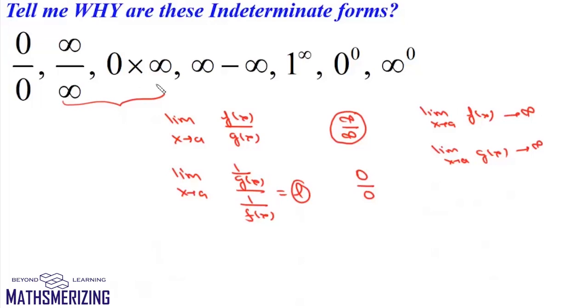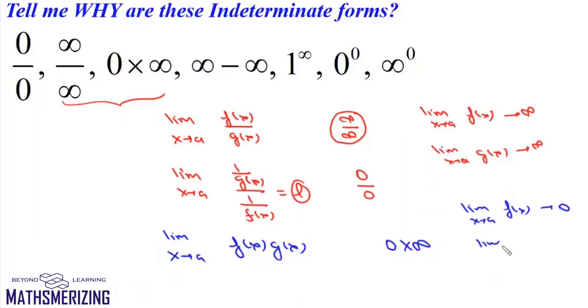Also, if we look at the limit 0 into infinite, for example, suppose we have limit x tends to a f(x) into g(x), which is of the form 0 into infinite, that is, the limiting value of f(x) is 0 and the limiting value of g(x) is infinite.